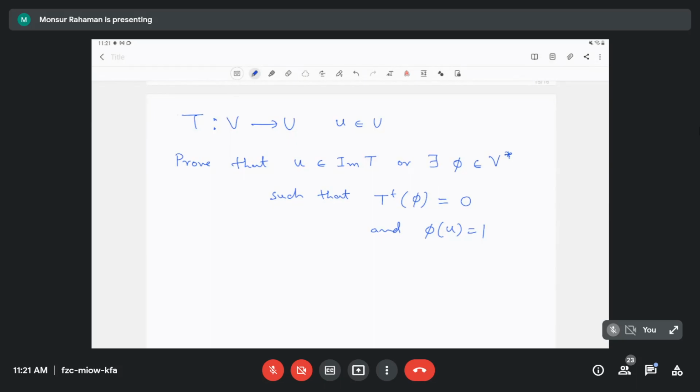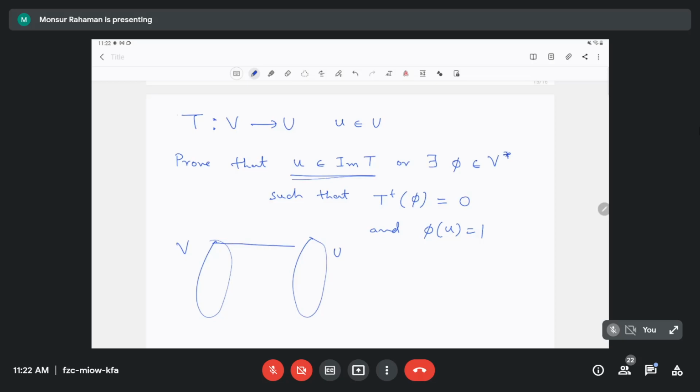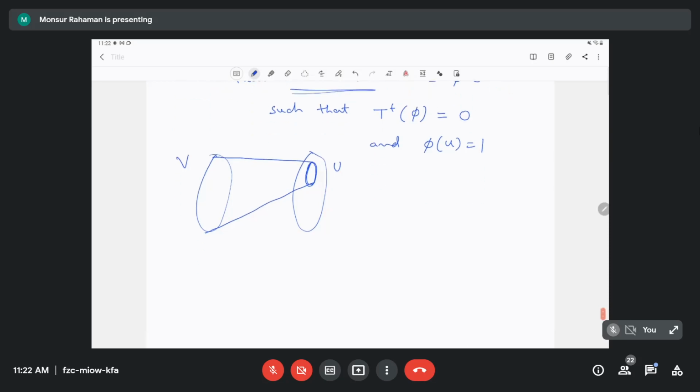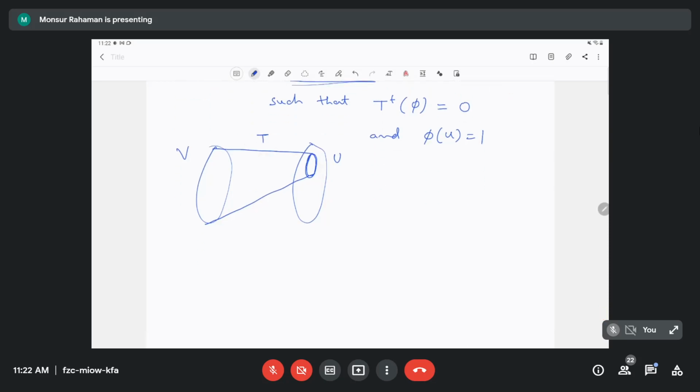So if T is a linear transformation from V to U, then for any u belonging to U, either u will be in the image of T, obviously u can be in the image of T, or not, because T cannot cover all the vectors of U. If this is V and this is U, the whole vector space can reach only this portion, which is image T. And the definition of kernel T was: this is V and this is U, and in U this is the zero vector.